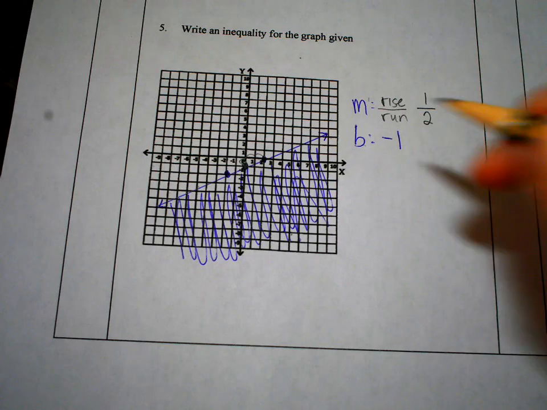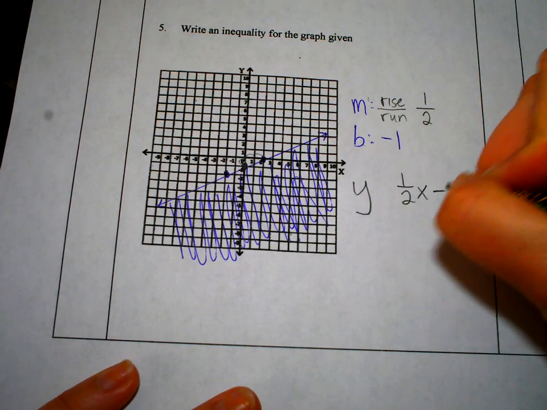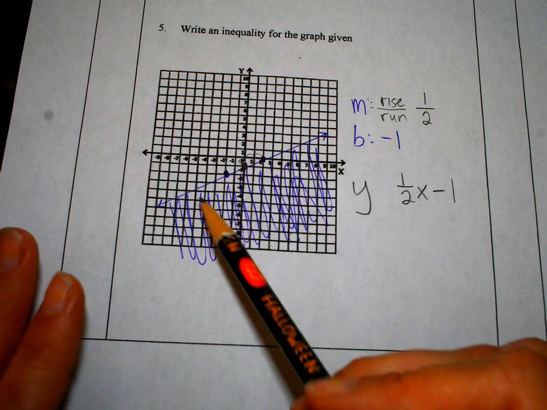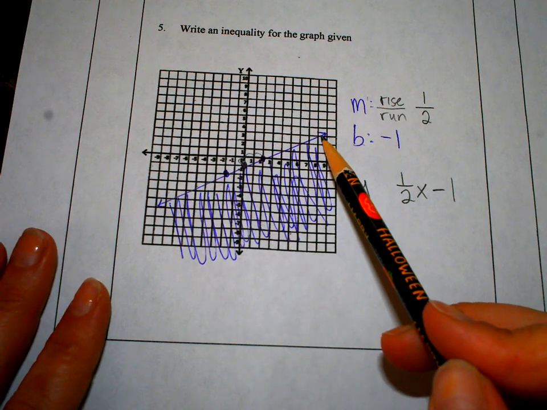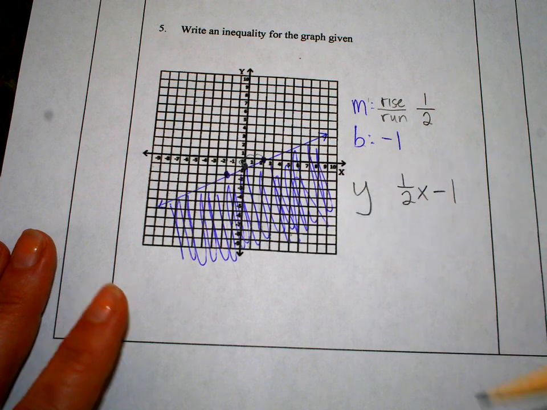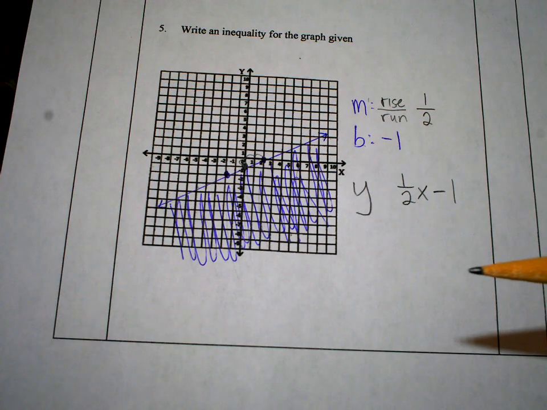Y, I'm not going to put equals, 1/2 x minus 1. I'm going to put a less than, greater than, less than or equal to, or greater than or equal to. So now I gave you a solid line and I shaded below it. A solid line means less than or equal to.